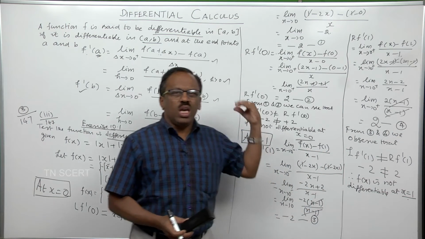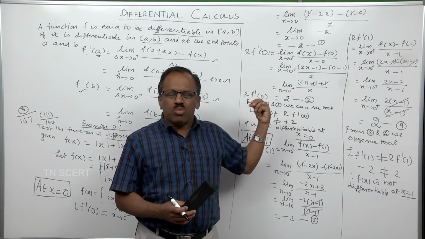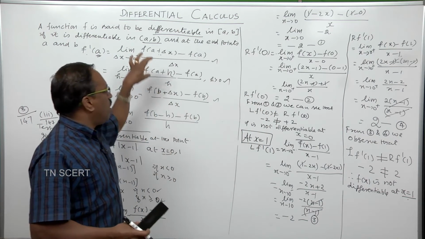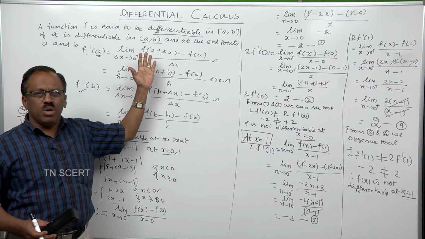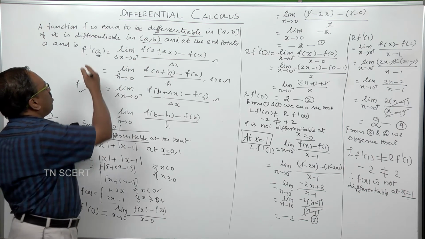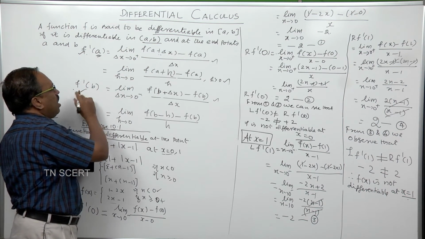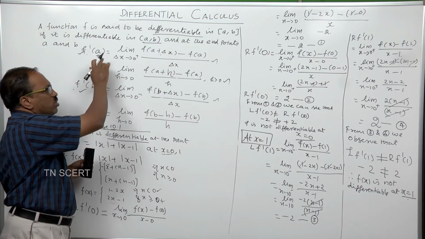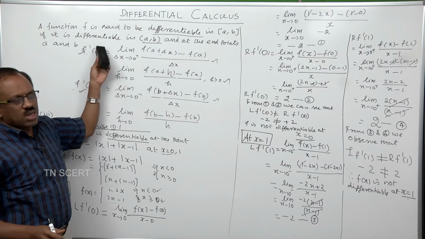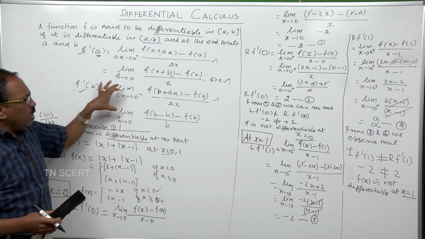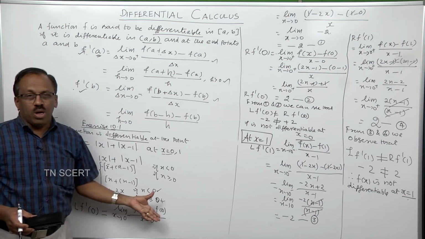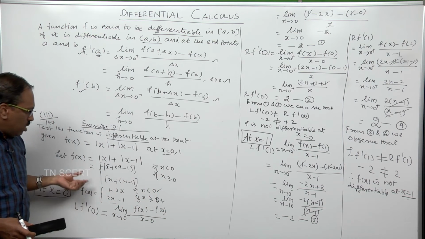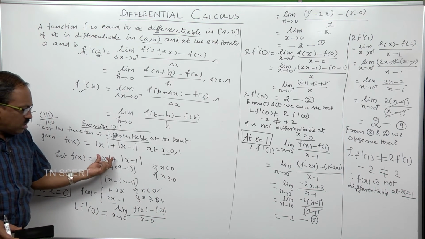Let me recapitulate right from the beginning. You have to define the concept of what is differentiability. Better you consider both left and right limits. This is the left limit, this is the right limit. Knowing about these two, we have to bring it to the application part, that is very important. So, this is the function, modulus is given.